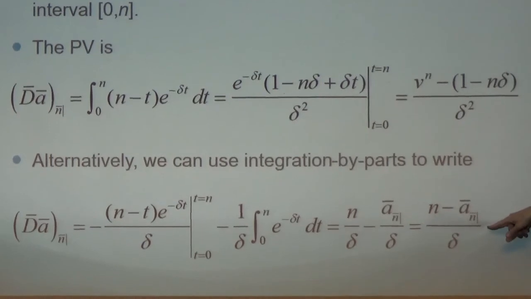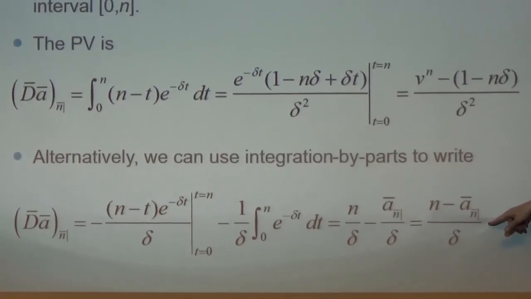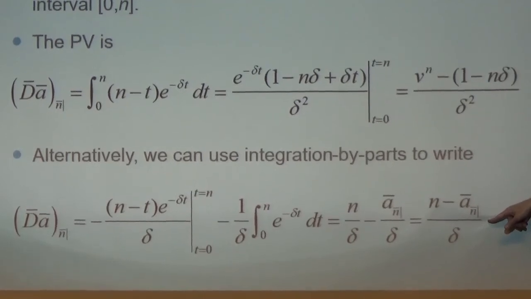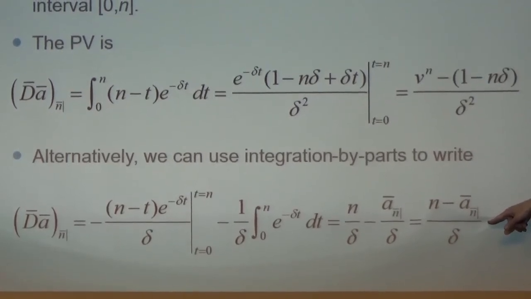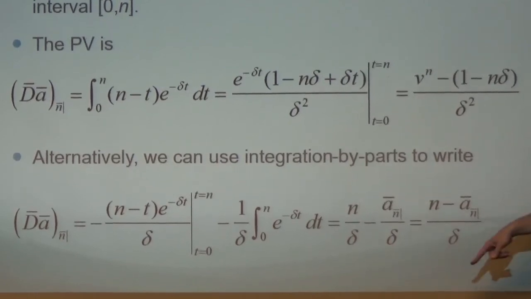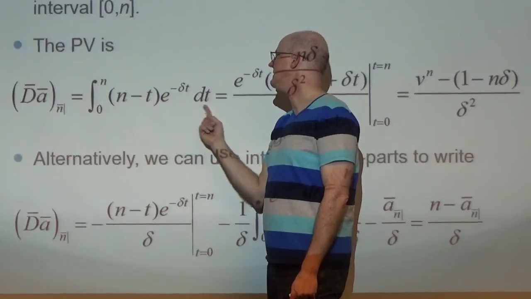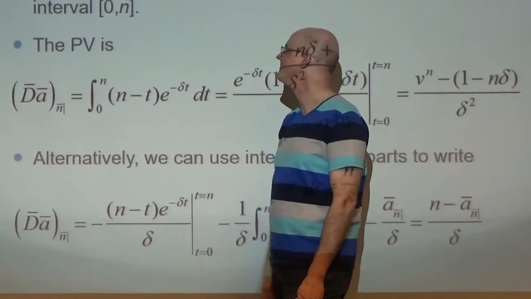Once again, this one's the one that people use the most. Pause the video if you need to take some time to look these over and check these calculations. We're just after answers for the most part and just reminding you of what you would do. You'd use integration by parts here. You'd let u equal n minus t and dv be e to the negative delta t dt.